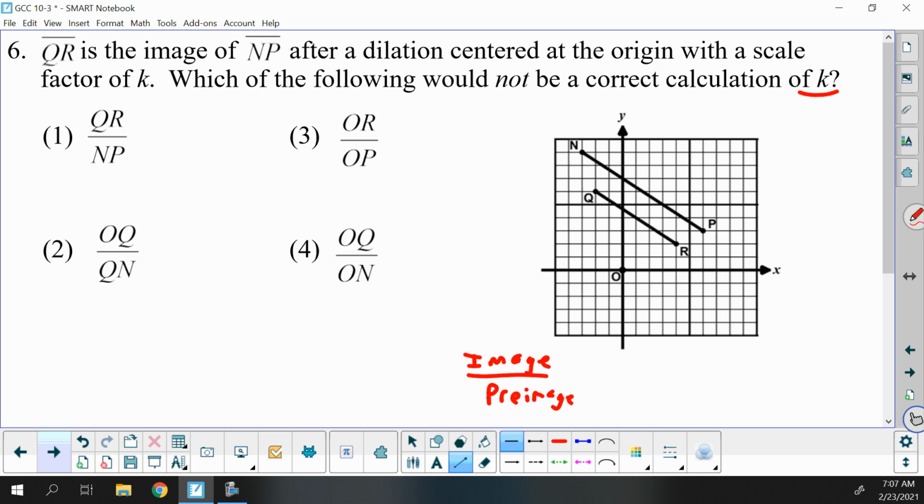Because, for example, if the pre-image had a length of 2 and the image had a length of 6, then that would tell us our scale factor is 3. We must have multiplied by 3 to get there.